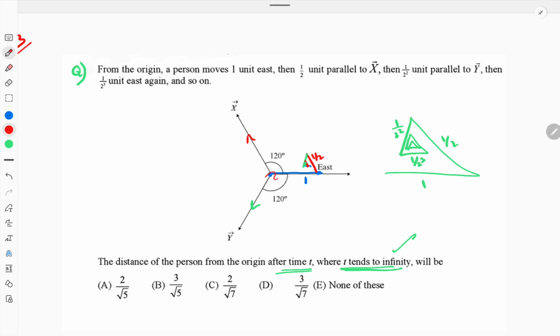Let us start our vertex at the origin, 0, 0, and let us call this point A. The coordinates would be 1 comma 0. If I assume that this east direction is the real axis, then the angle made by this x bar is 120 degrees, so this direction is parallel to omega.